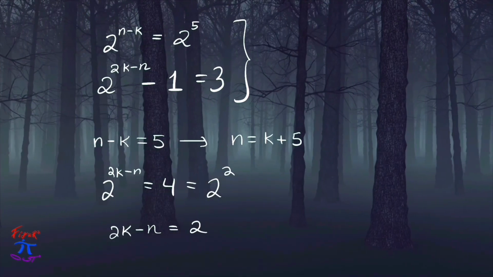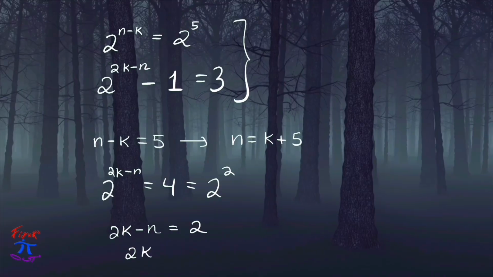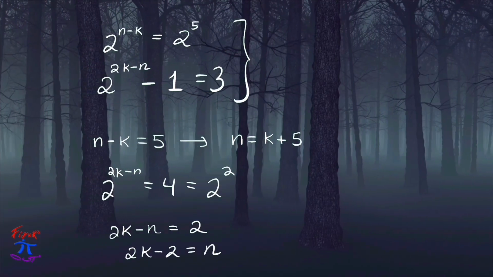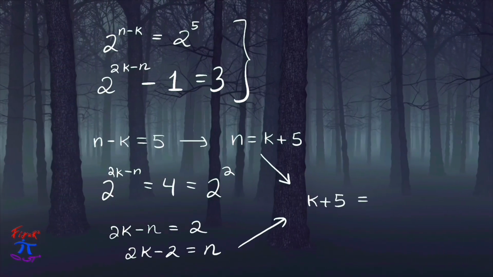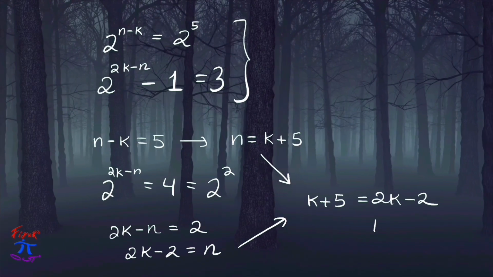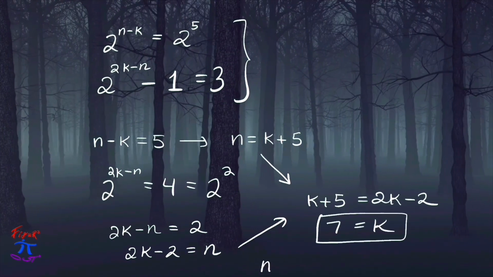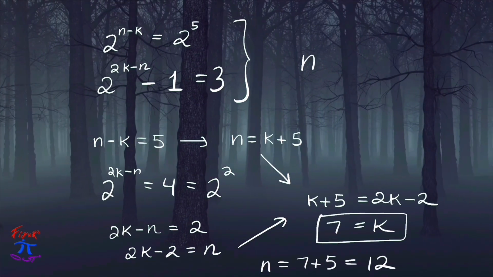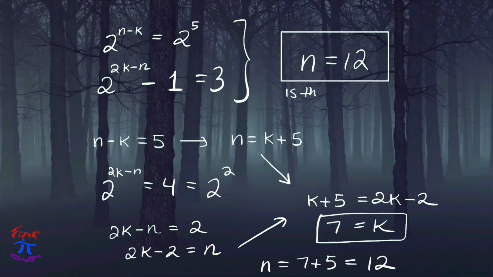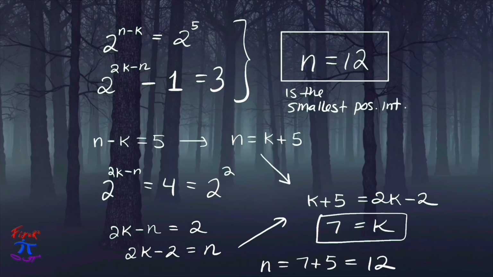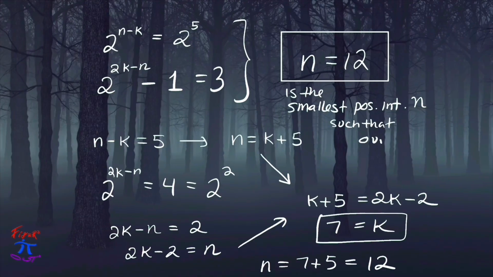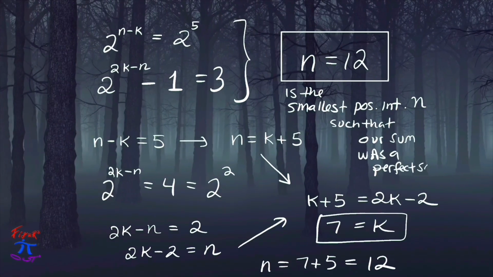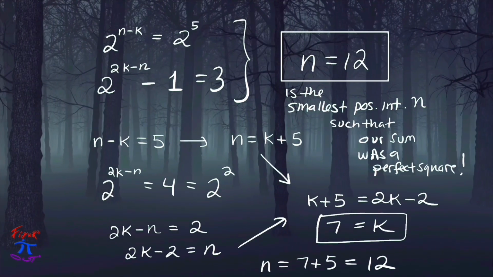Then from the second equation, we get that 2k minus n is equal to 2, and then 2k minus 2 is equal to n. So equating these two things together, we get k equals 7, and therefore n is equal to 7 plus 5, which is equal to 12. It is the smallest positive integer n such that our sum was a perfect square.